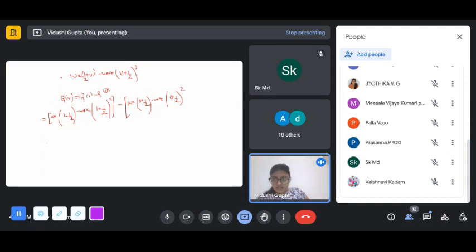So it will be 1 plus half, it's 3 by 2, 3 by 2 omega e, minus square of 3 by 2, it will be 9 by 4 omega e xe, minus half omega e, and then minus again, minus minus plus, it will be 1 by 4 omega e xe.